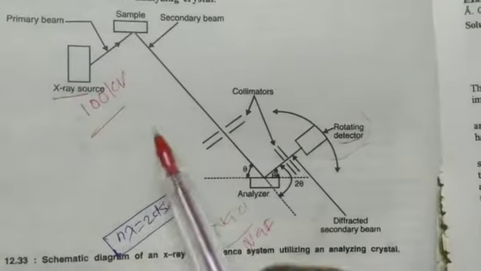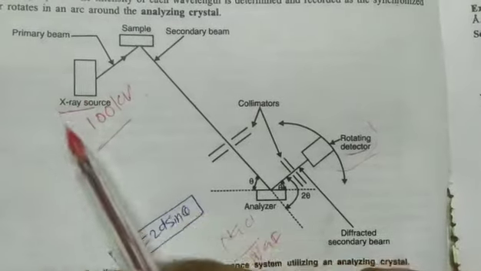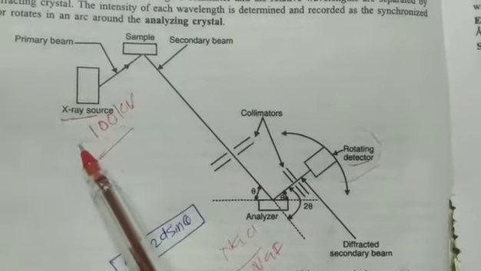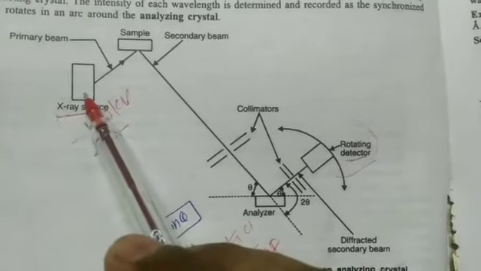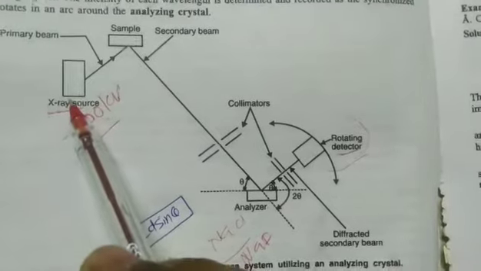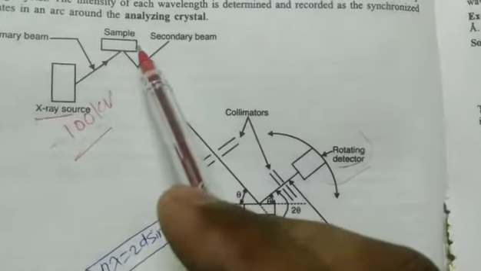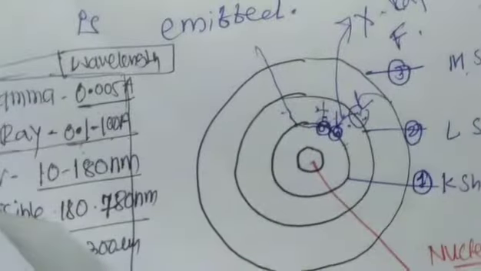In this instrument, first we generate the X-ray. For generation of X-ray we require the 100 kV voltage source, and we use the tungsten element in the X-ray generation tube. When the X-ray is generated, it falls on our sample. When it falls on our sample, there is an empty space in the K shell electron.